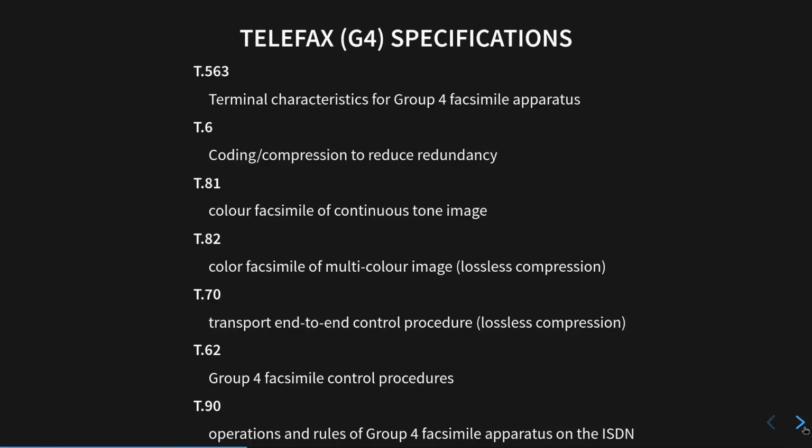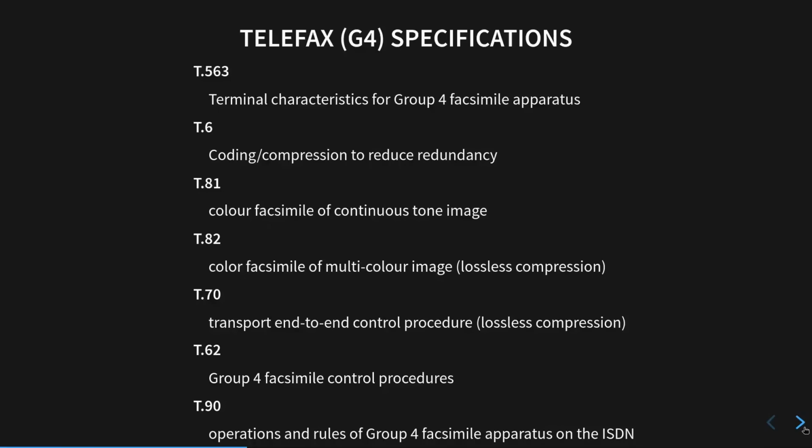They all specify all kinds of things that could or could not happen, depending on the underlying transport. And since it's not specified as transmitting fax over ISDN, but over some kind of random data network, it's all very abstract and very loosely interconnected. So we have the T.563 specification, which is the terminal characteristics for group 4 facsimile apparatus.